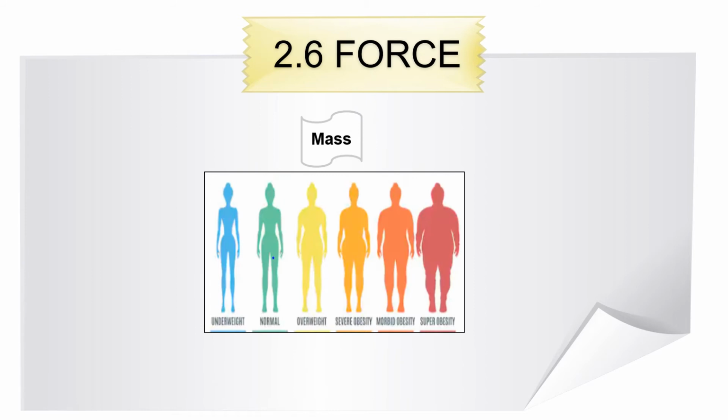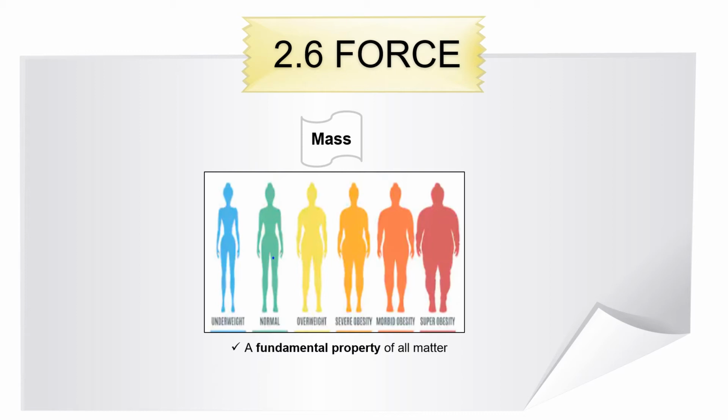Based on the picture, an example of an object with mass is our body. It is because "body" is another word someone can use to describe an object with mass, which contains an amount of matter. Mass is a fundamental property of all matter. What is the meaning of fundamental property?